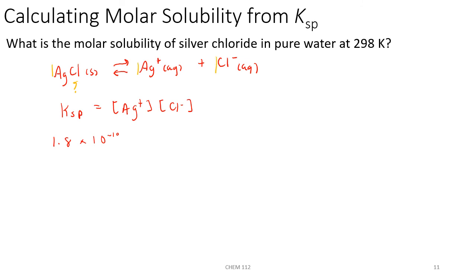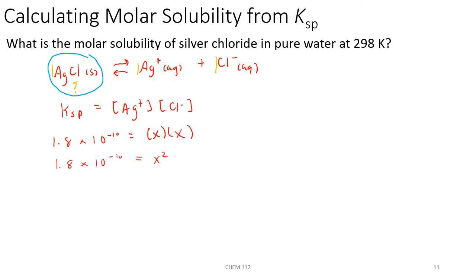So our unknown in this case that we can solve for can be the concentration of the silver ions or the concentration of the chloride ions, which would actually be the same as the molar solubility of our solid silver chloride. So when we don't know what something is, we call it X. So we'll call our silver ion concentration X and our chloride ion concentration X. Then to solve this, we have our KSP, 1.8 times 10 to the negative 10th, is equal to X squared.